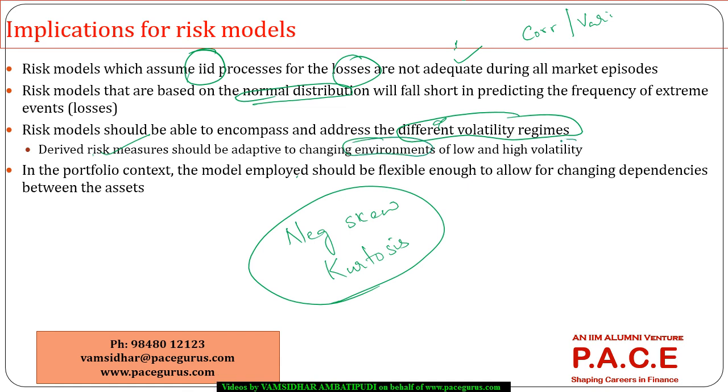So when the volatility is lower, the measure should be different, and if the volatility is higher, the measure should be different. And in the portfolio context, the model employed should be flexible enough, wherein even the correlations between the assets keep changing with time. So all these things should be taken into consideration while building risk models.